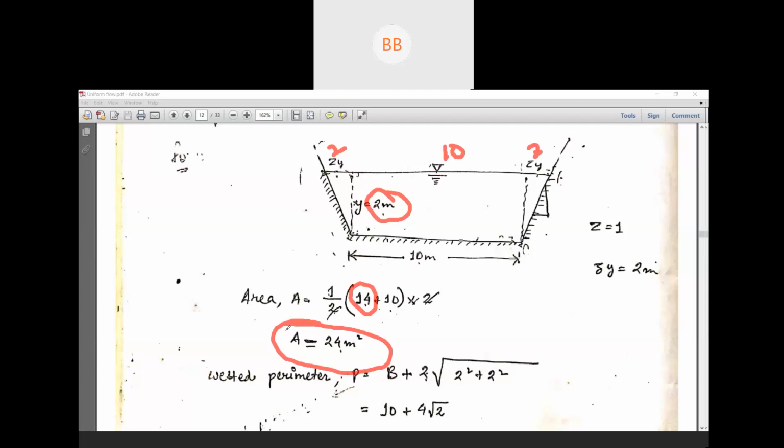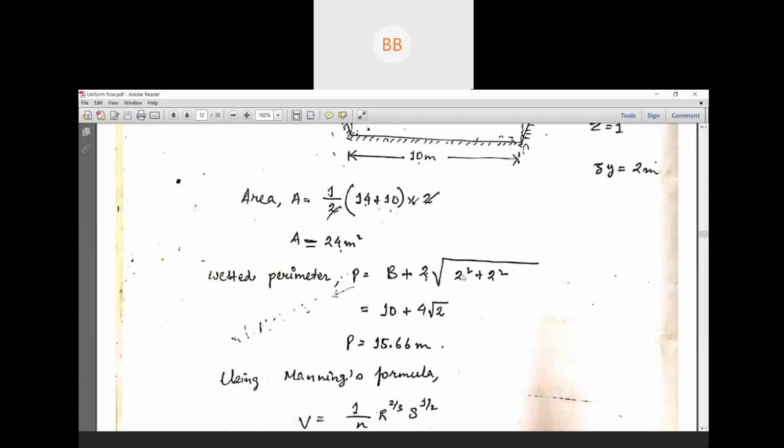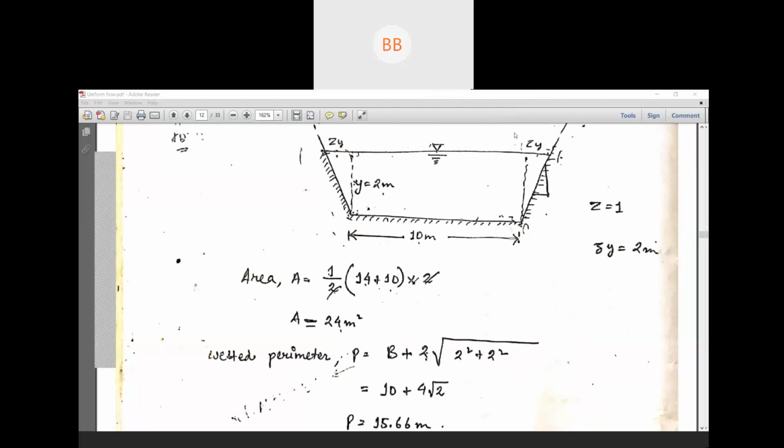And then similarly, you find out the wetted perimeter of the channel. Wetted perimeter means you have to consider this side, then bottom of the channel, and then side of the channel. These are the sides you are going to consider for wetted perimeter.